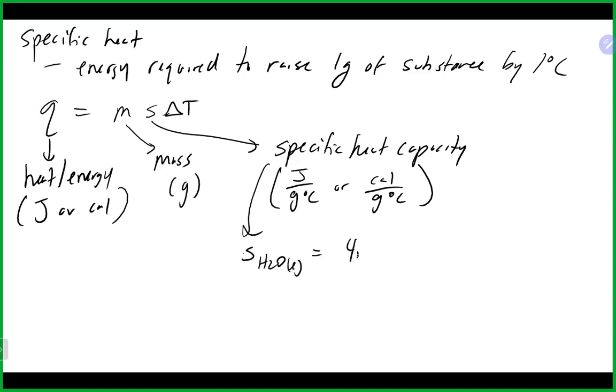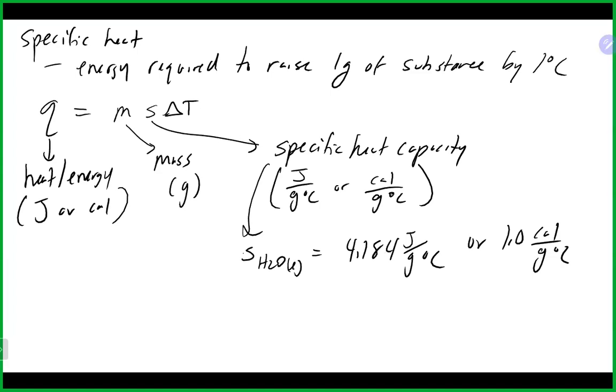That was 4.184 joules per gram per degree Celsius, or 1 calorie per gram per degree Celsius. Remember that if it is not liquid water, but solid water or gas, like it was on the last exam, the specific heat capacity for water in those cases is closer to 2. So it does change depending on the phase that you have.